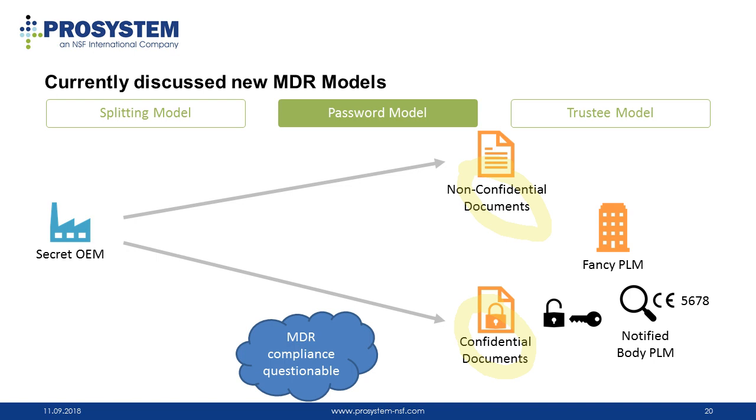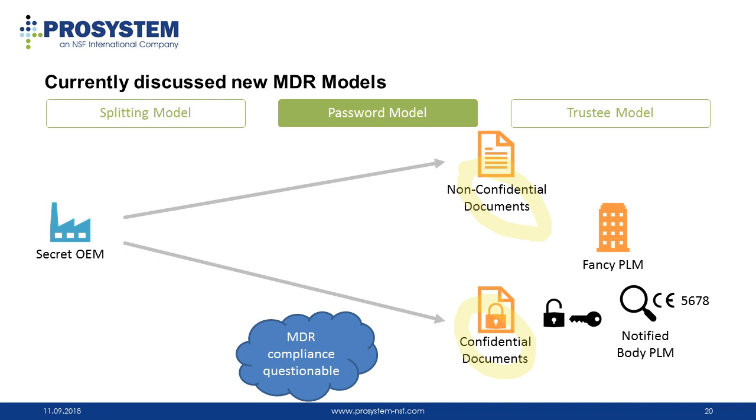But the basic problem is still the same as with the splitting model, because here also the private label manufacturer doesn't have all information about that product available, so it is obvious that he cannot make every decision like he would make when he has all the different information available.